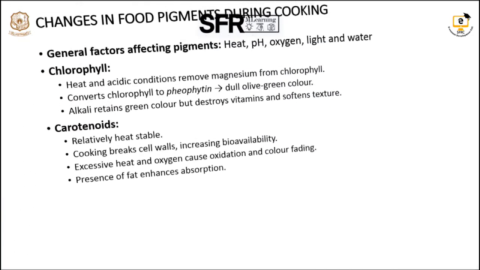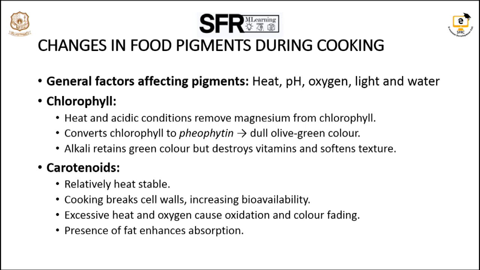So next one is what changes they will undergo while we introduce heat or pH changes, while we cook with other substances and all. Heat and acidic conditions remove the magnesium from the chlorophyll and convert the chlorophyll into a dull olive color. So while cooking green leafy vegetables, they turn into a light olive colored thing.